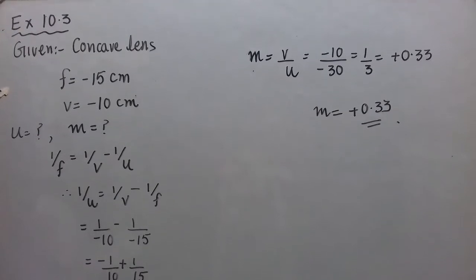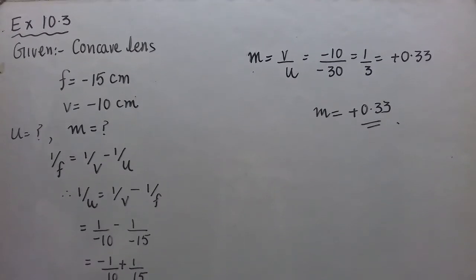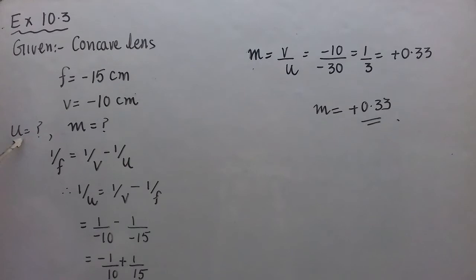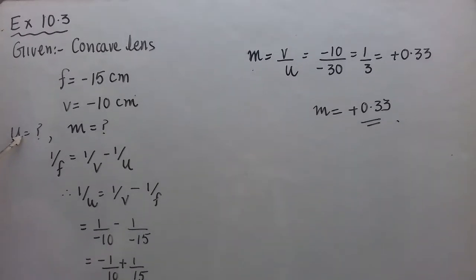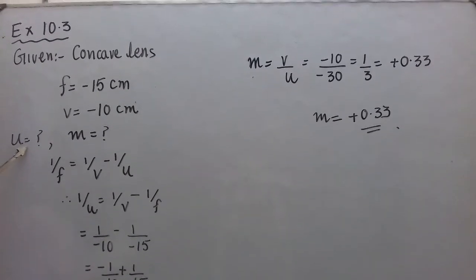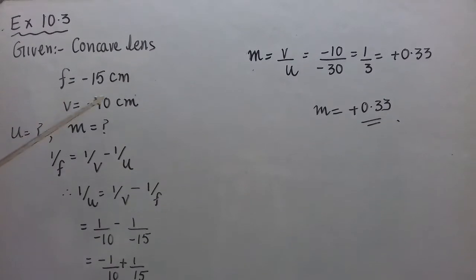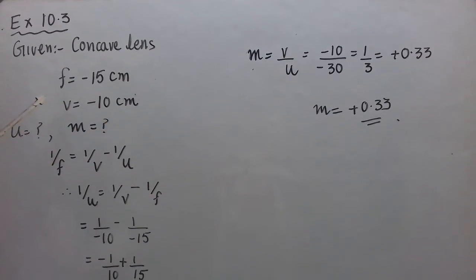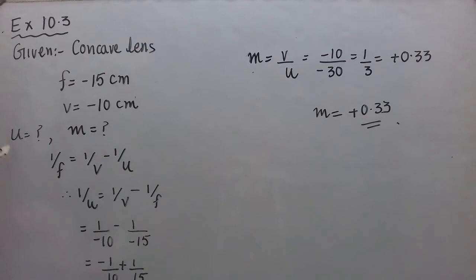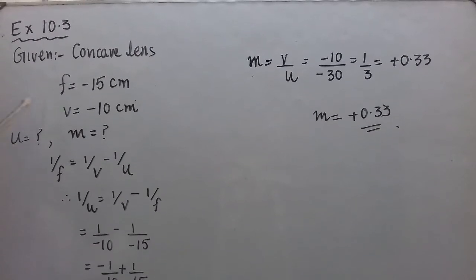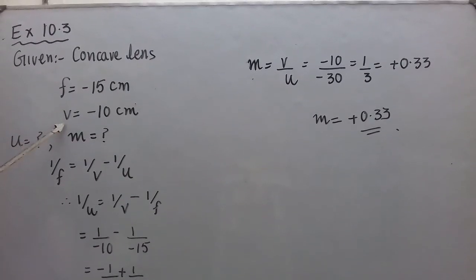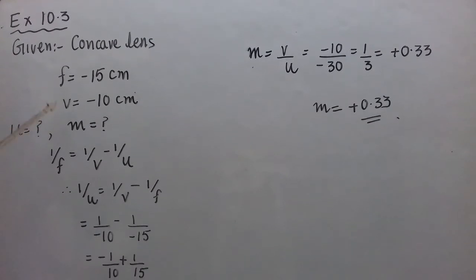At what distance should the object from the lens be placed? It means you have to find the object distance u, so that the image is formed at 10 cm from the lens. Now v is 10 cm. But students, you have to be very careful. When u is given, u is always negative. When v is given, we have to think about the ray diagrams. You should have the knowledge.